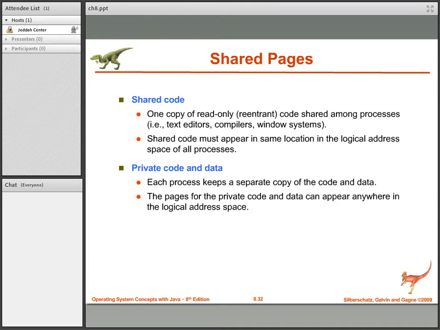Otherwise, it will not be shared amongst all the processes. Each process keeps a separate copy of the code and data. The pages for the private code and data can appear anywhere in the logical address space.